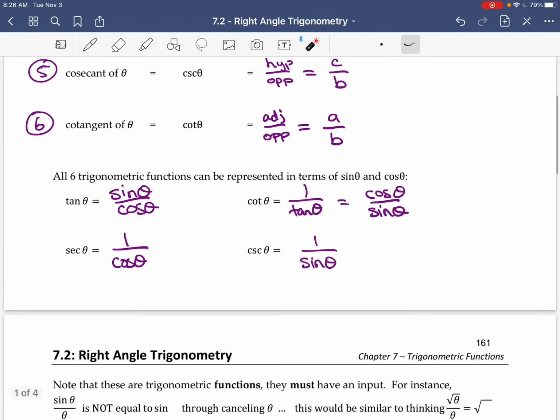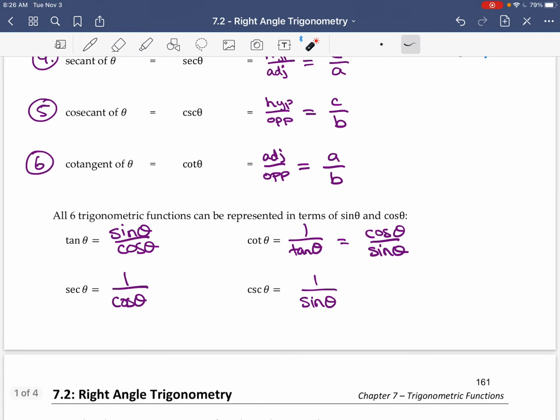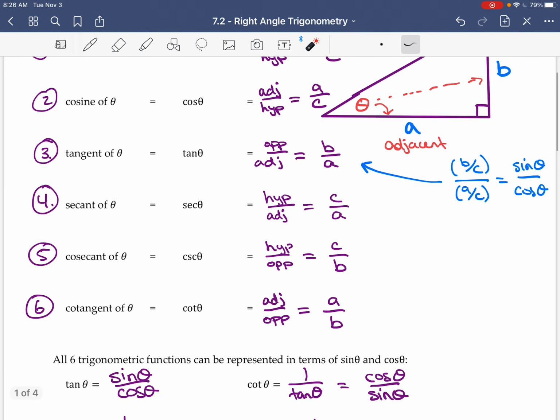The other thing I was going to write on here, that you probably have heard before, is SOHCAHTOA. This is a way to remember these definitions. I've seen this a few ways. The one I actually like looks like this.